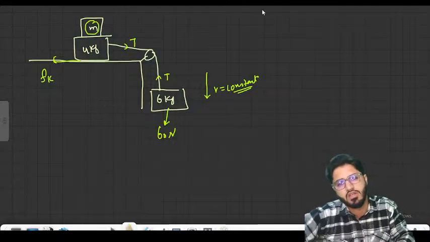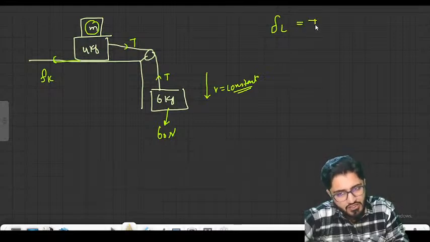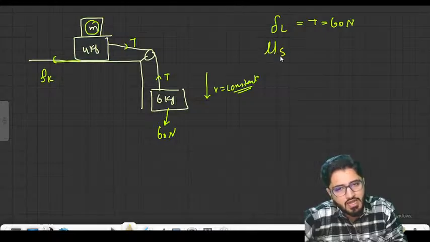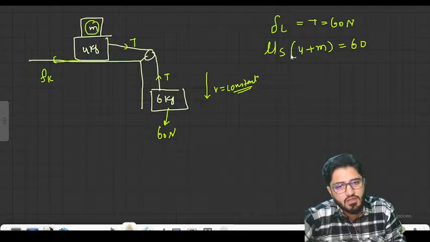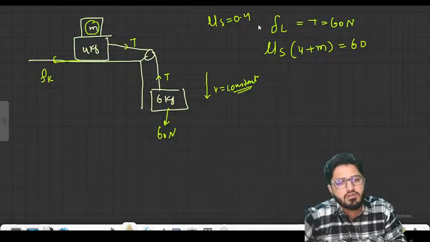Okay, look now. That means net force should be 0. So limiting friction is equal to tension, and tension is 60 Newton. Limiting friction is μs times N, that means μs times (4 plus m) equals 60. If μs is given as, let us suppose 0.4, no issue.